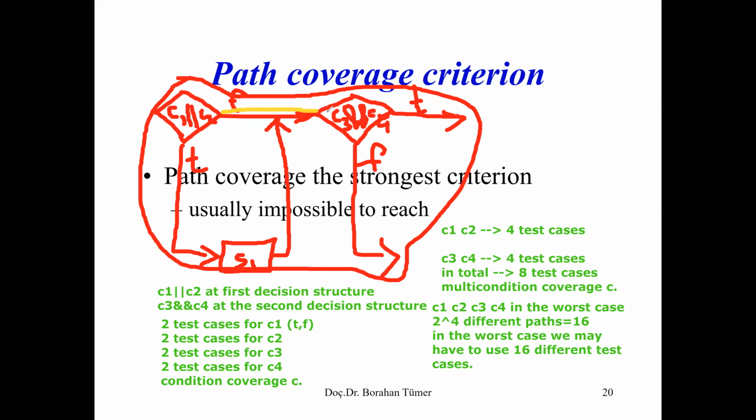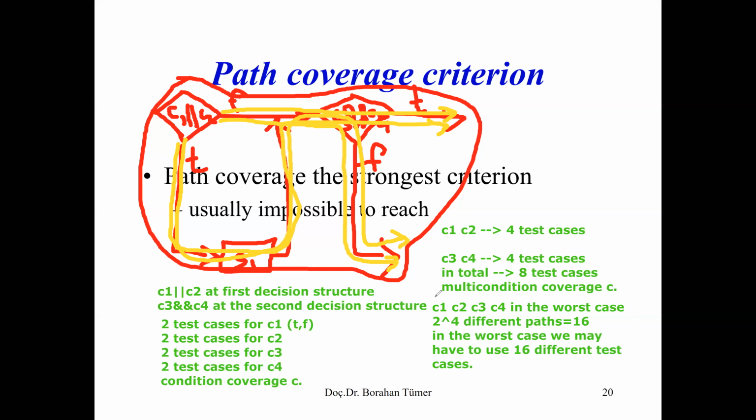We have 1, 2, 3, and 4 different paths, different execution paths.